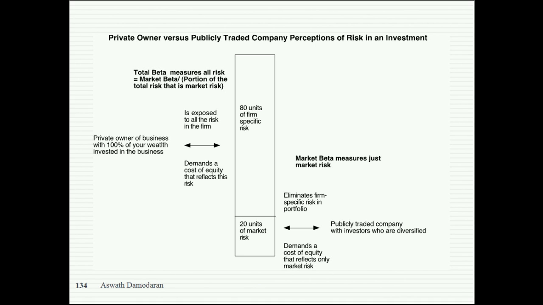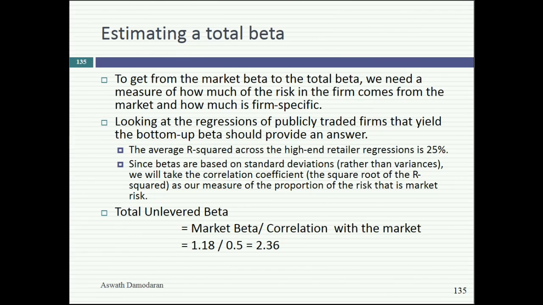I know whether you remember when I showed you the Bloomberg beta pages for your companies, in addition to a beta, I showed you an R squared for each company. R squared captures how much of the risk in your stock comes from the market. I actually keep track of those R squareds by sector, and I use it to actually compute what I call a total beta. Let me back up.